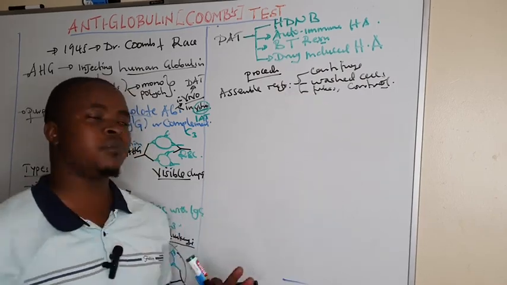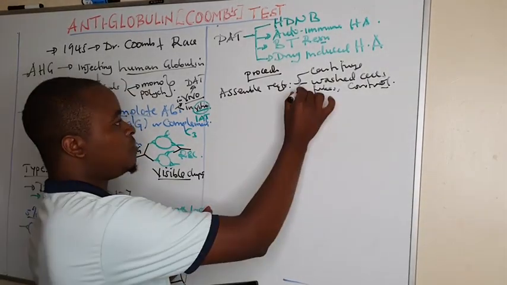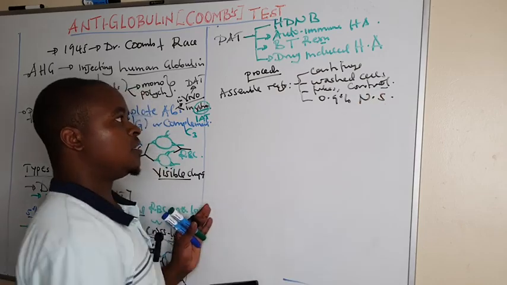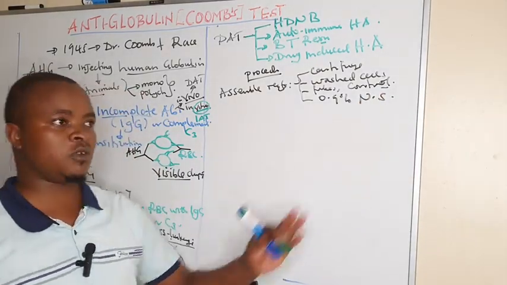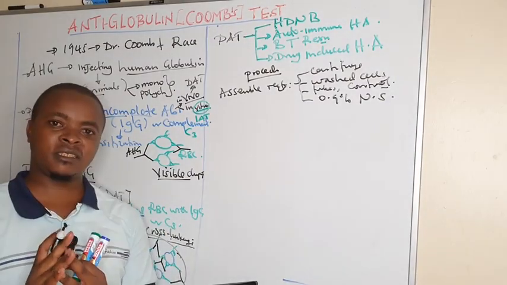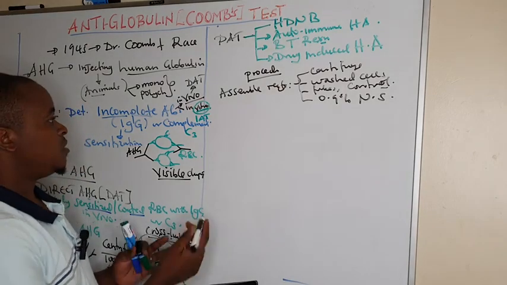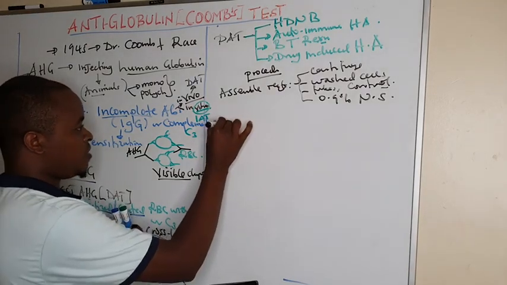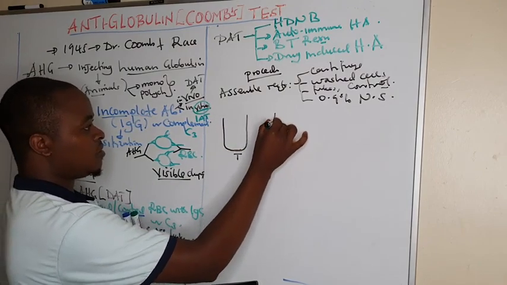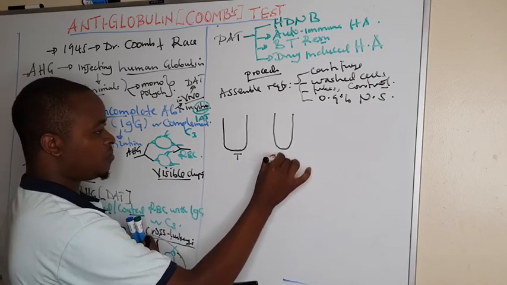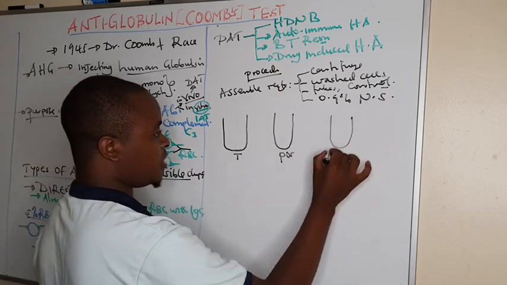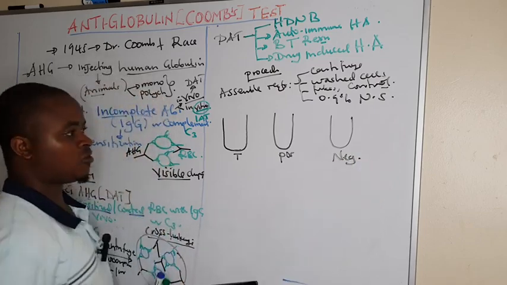So after assembling your requirements, including 0.9% normal saline, you collect a sample, either in EDTA or in a plain tube. We have a tube for the test, a tube for the positive control, and a tube for the negative control.